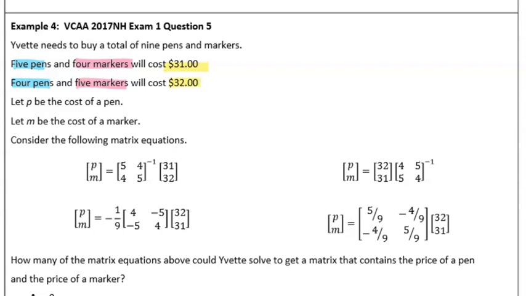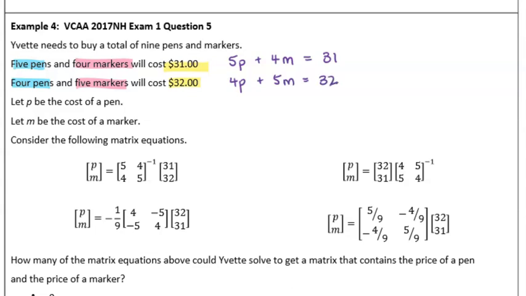So firstly, let's take this information and convert that into equations. So if we're told 5 pens, so 5p, and 4 markers, 4m, is equal to $31. We have 4 pens, 5 markers is equal to $32.